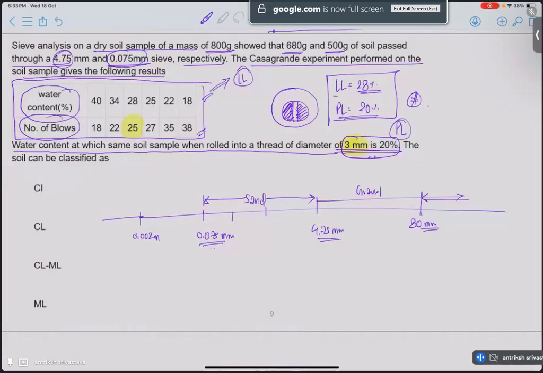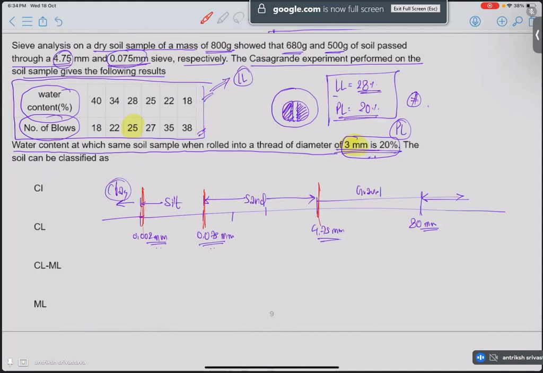From 0.075 mm to 0.002 mm, that is 2 micrometers, we have silt, and below that we have clay. Okay, so let's see under which region our majority of soil lies.